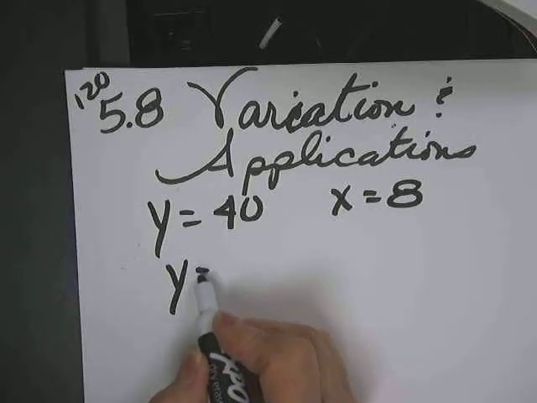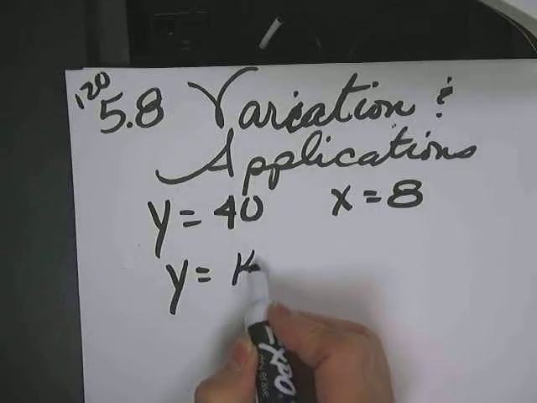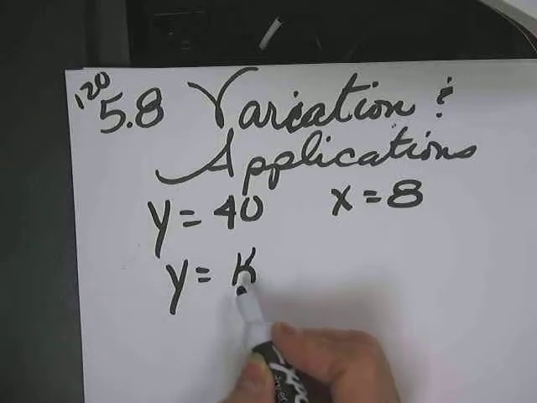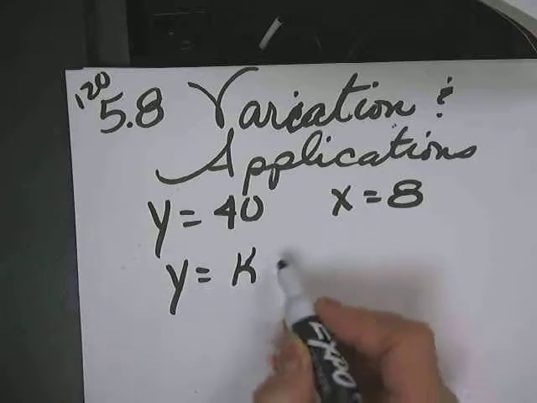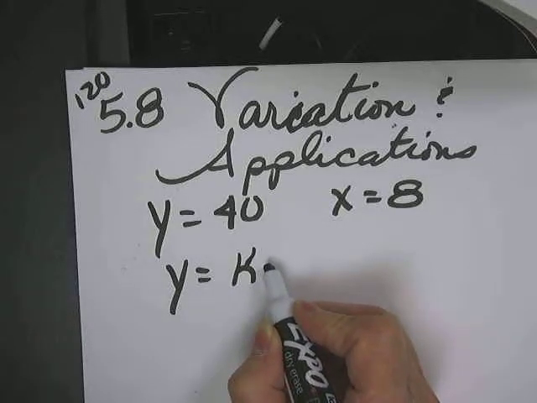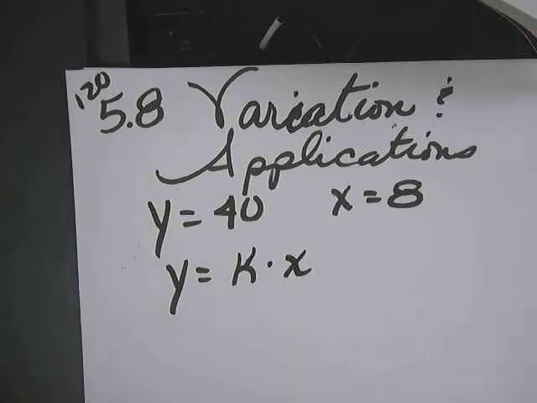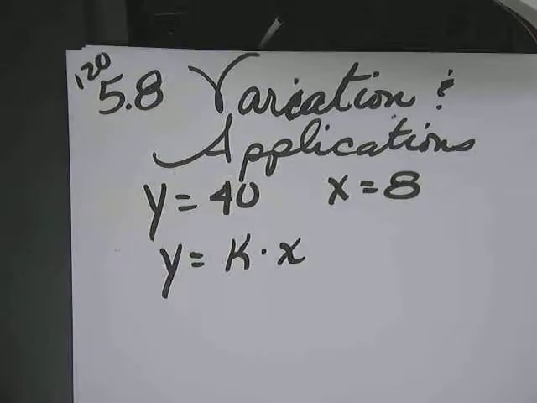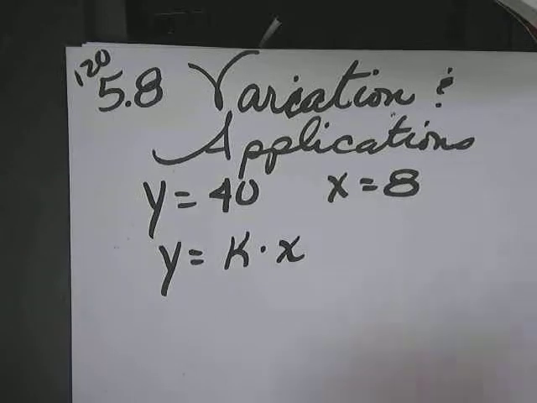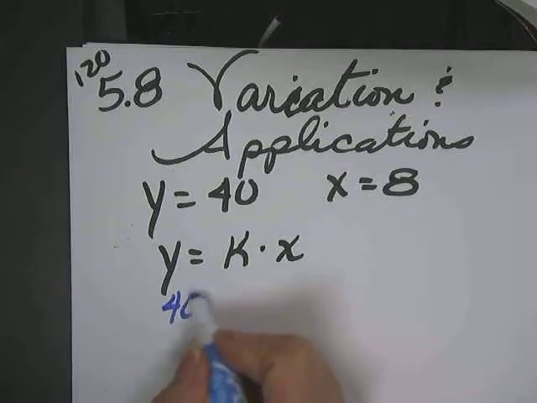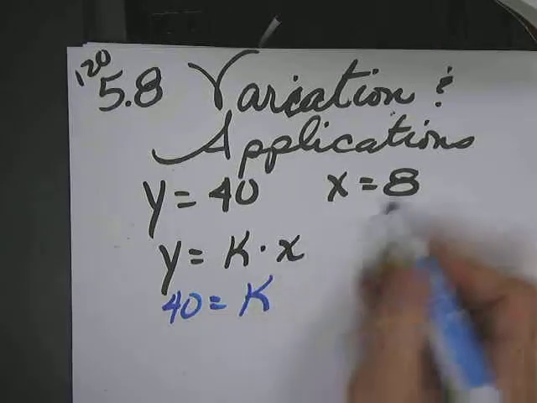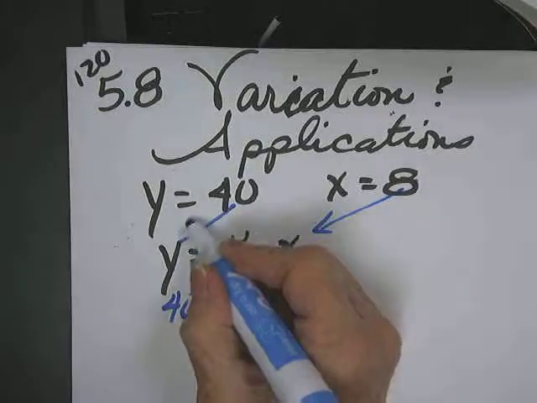Put y equals k, which is what they write for the constant of variation, times x. So y is 40, x is 8.